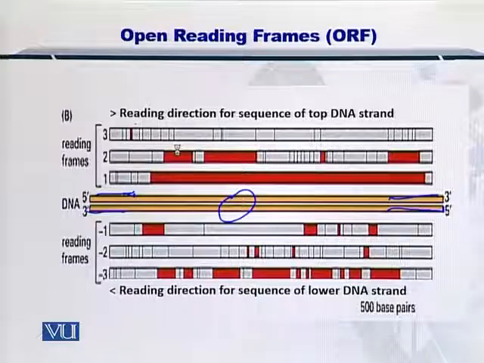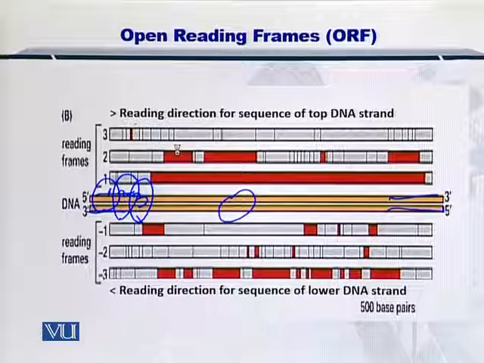Why 3? Because each codon is comprised of 3 nucleotides, so the beginning of this sequence can be the first, the second, or the third nucleotide. Depending upon which nucleotide you start from, you have 3 different options.